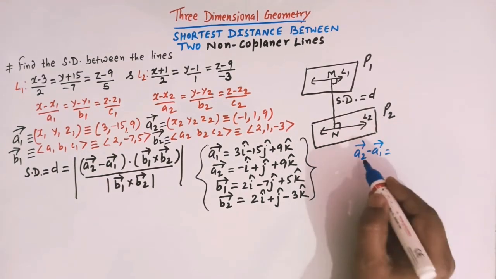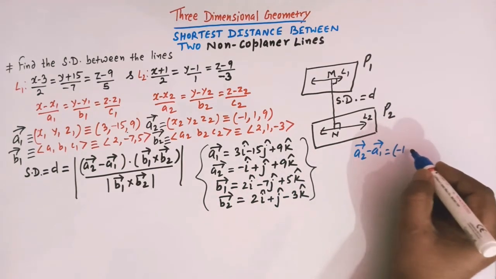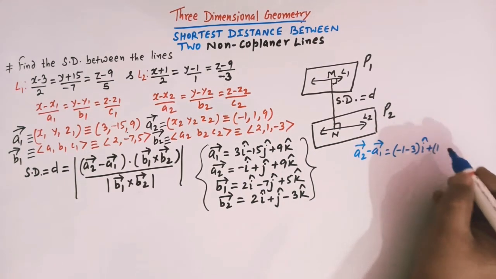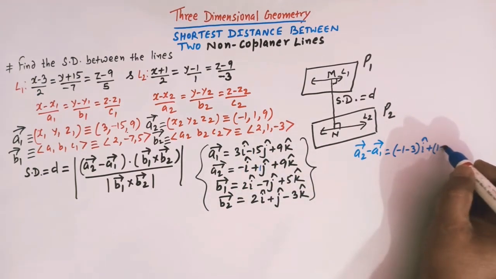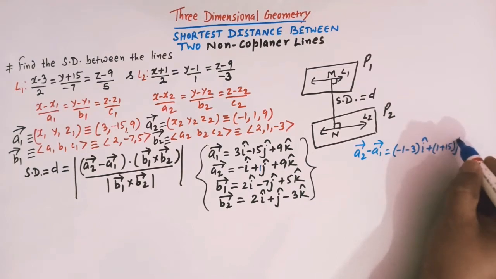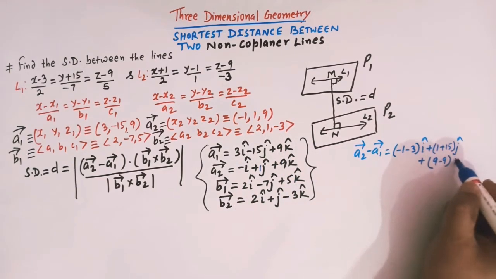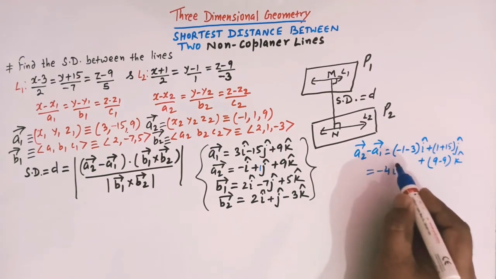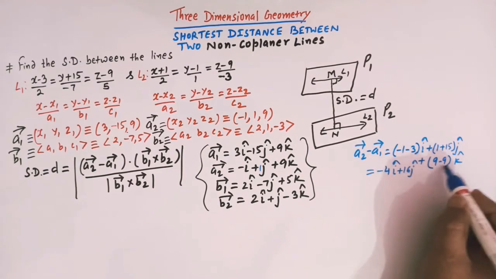So a2 minus a1 is given by minus 1 minus 3 i cap, then 1 plus 15 j cap, and then 9 minus 9 k cap. So vector a2 minus vector a1 is given by minus 4 i cap plus 16 j cap, and this 9 minus 9 is 0.